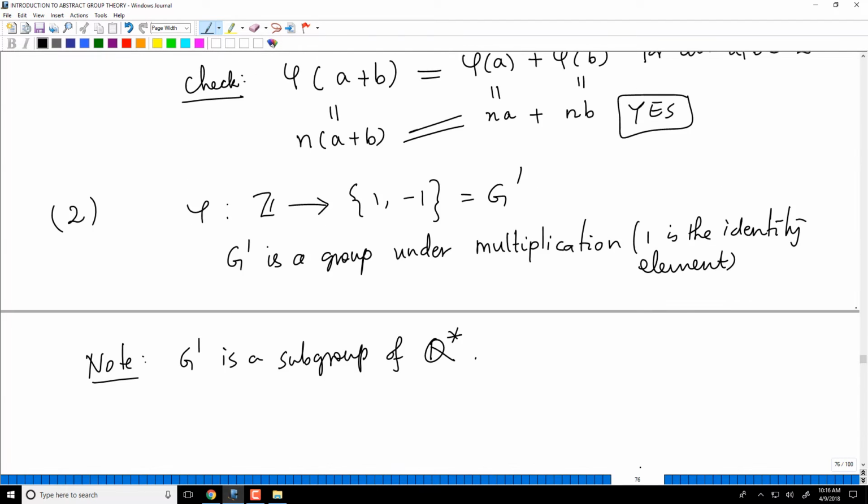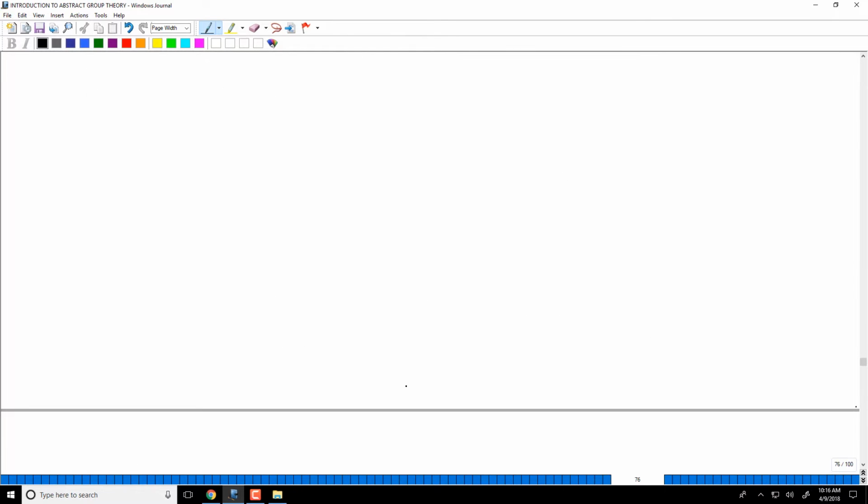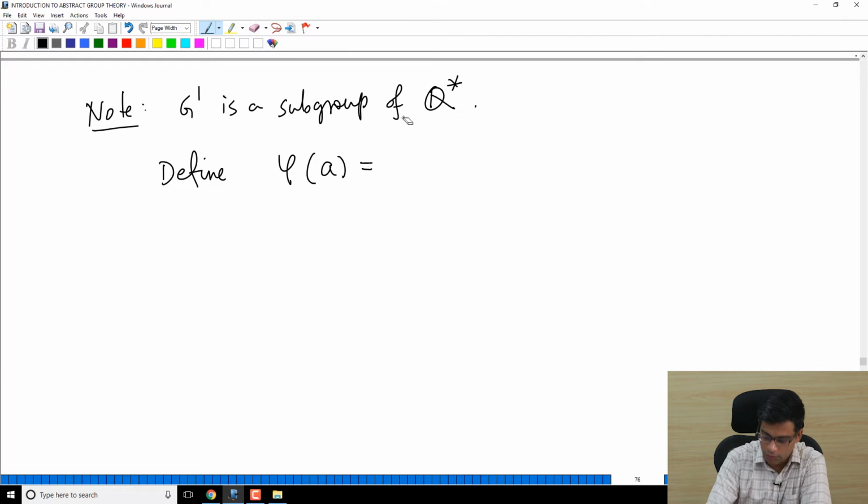I need to identify G prime as a group, right? In order to talk of group homomorphisms, we need two groups. We know that Z is a group, and now I am considering the group {1, minus 1}. That's a group. So what is a map phi? Let's define the map phi from Z to G prime. We have two cases.